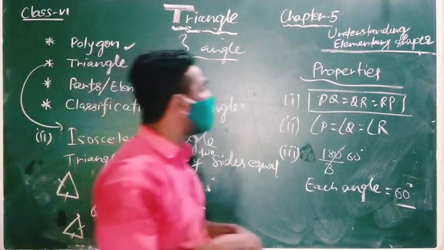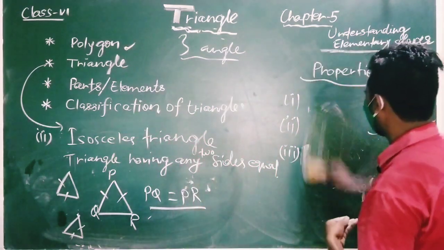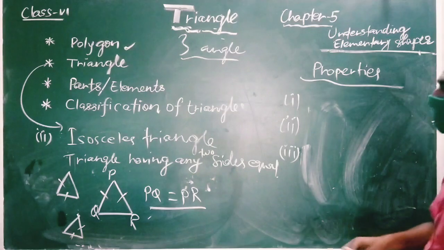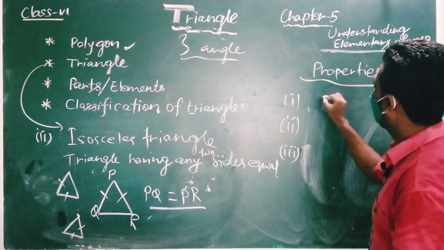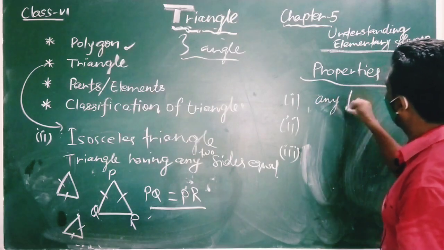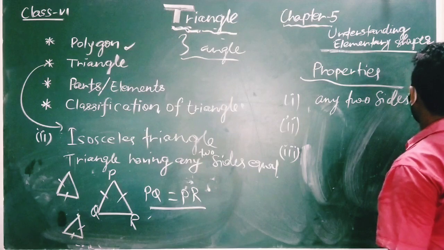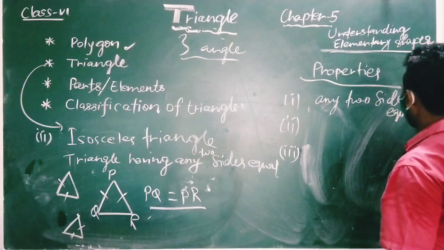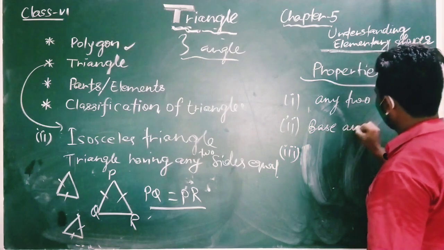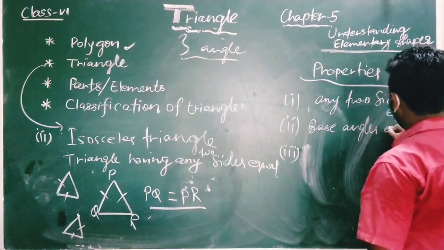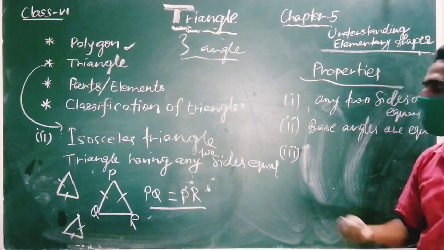And if you talk about the properties of an isosceles triangle, it's very easy. First property: any 2 sides are equal. This is the first property. And base angles will be equal. Now what are called base angles here? The angles which are made on the base.